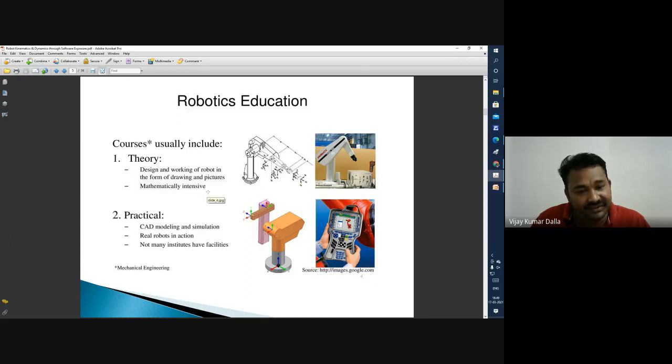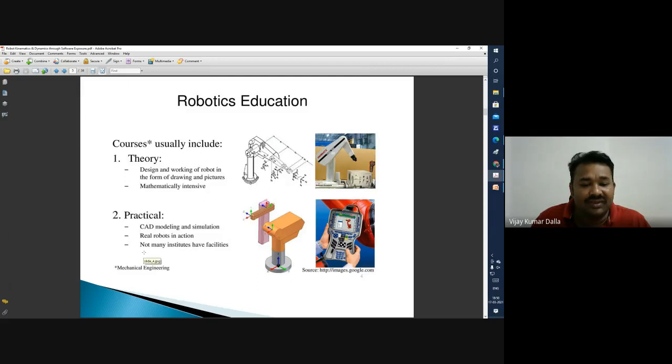It is mathematically intensive; there are many applications of mathematics in robotics. You will find very big equations. In practical, we study CAD modeling and simulation. We operate the actual, real robot.